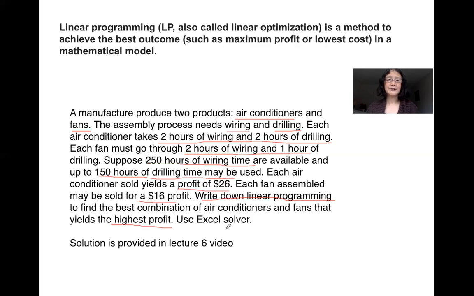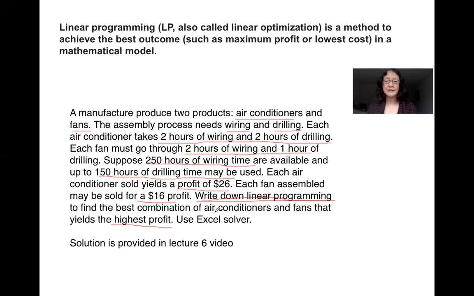Okay. This is a very good example or application of solving inequalities with 2 variables, and also how to solve it using Excel. So before we go to Excel, let's write down the linear programming model. So the question asks you, how many air conditioners should you produce?